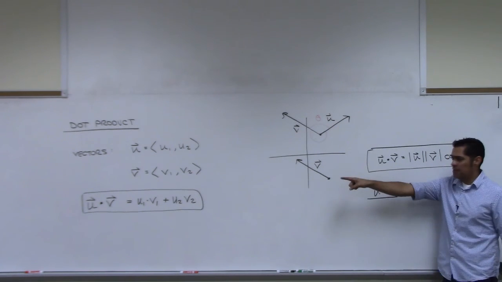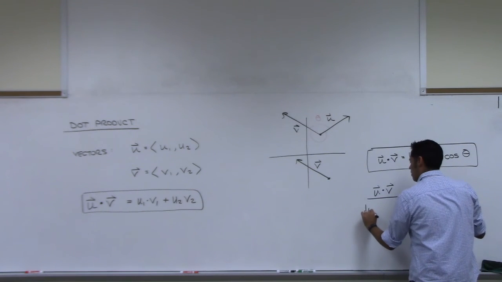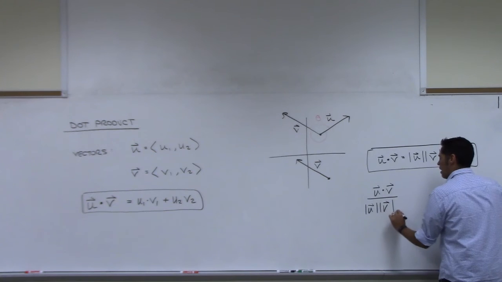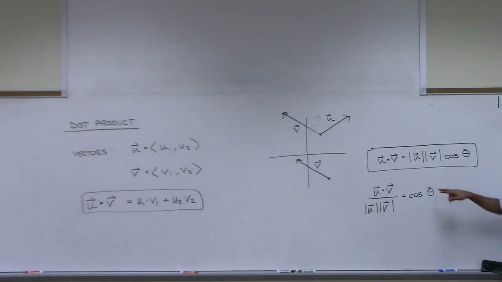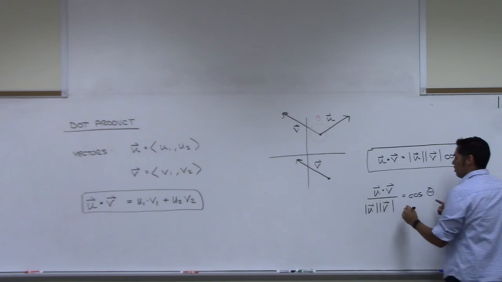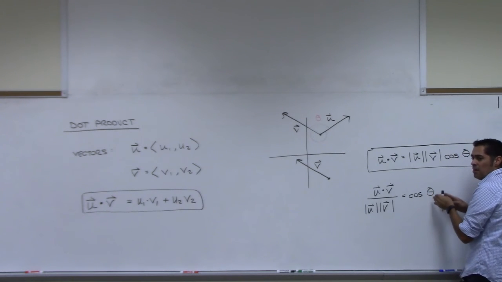Remember, u dot v is that computation over there, right? But it's also u dot v over the magnitude of u times magnitude of v equals cosine theta. And then finally, to get theta out of cosine, what do I need to do? Arc cosine on both sides. So we get our third formula: if I take arc cosine here, I'll have arc cosine of this, take arc cosine here, I'll get theta.